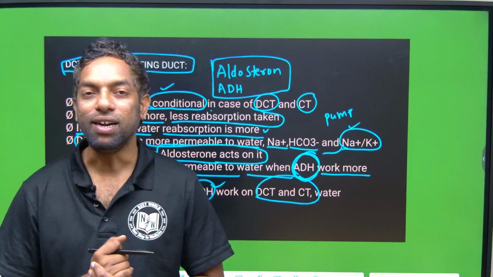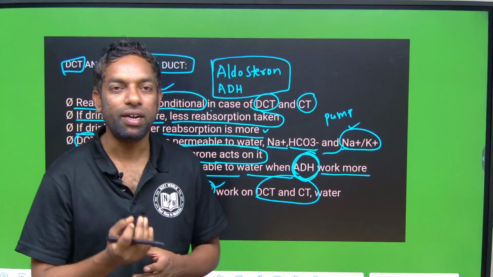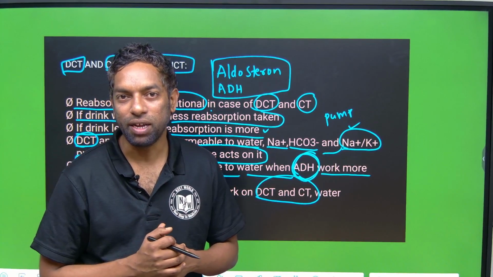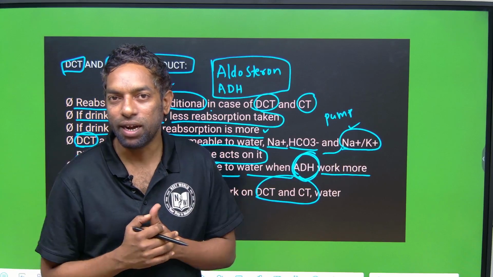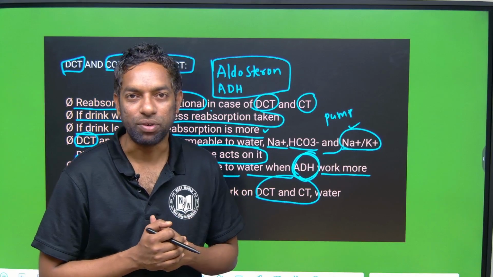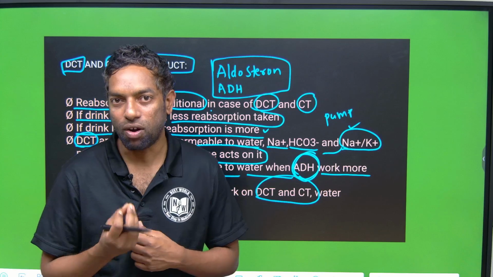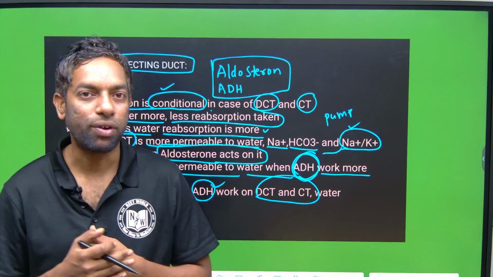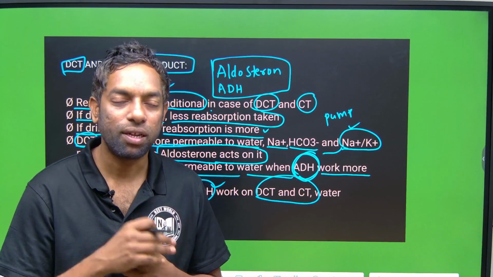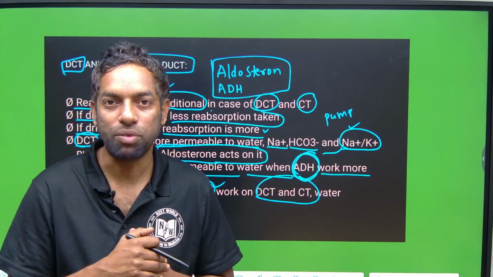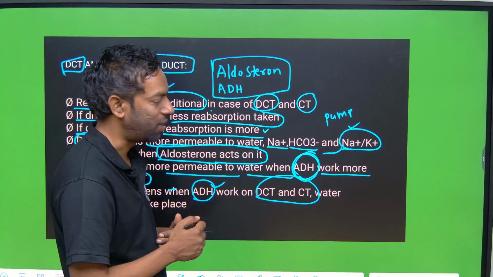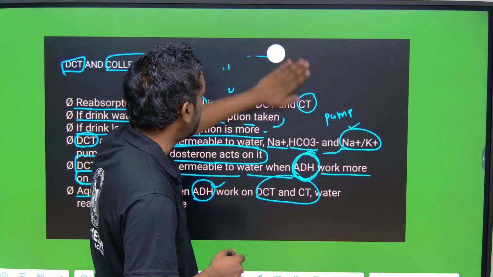In that condition, conditional hormones are released. If water is lost from the body, dehydration takes place. We have to secure the water, so water is reabsorbed in this part of the nephron, the DCT and collecting duct. We are going to discuss it.